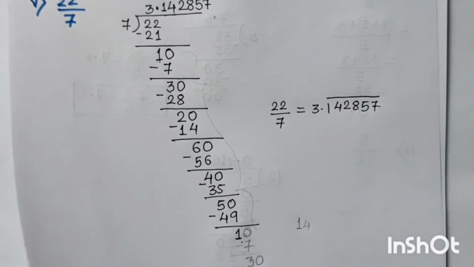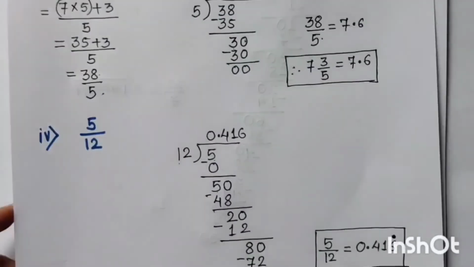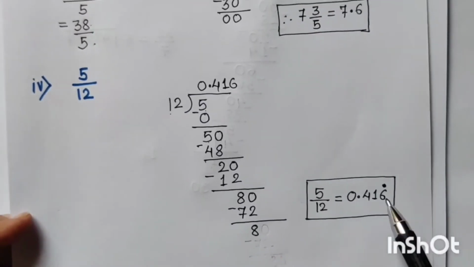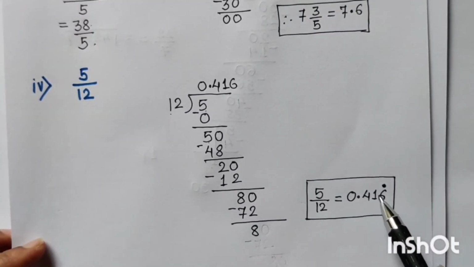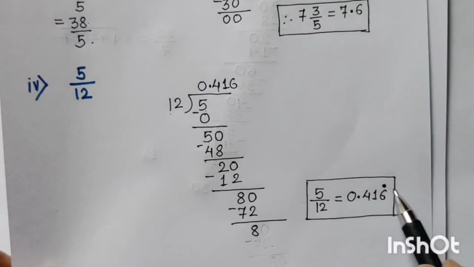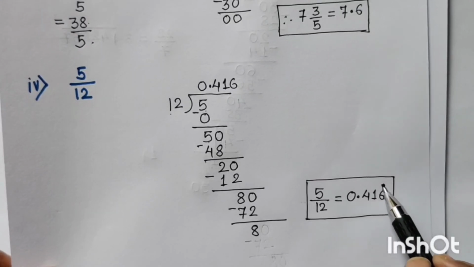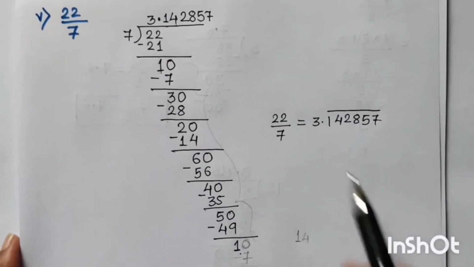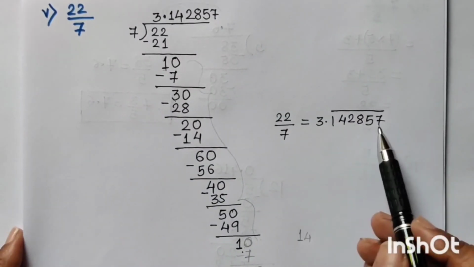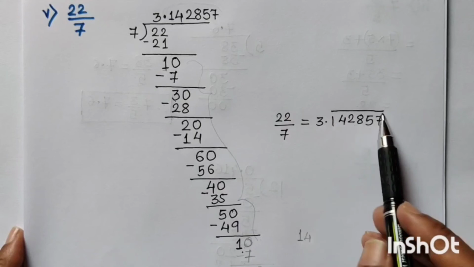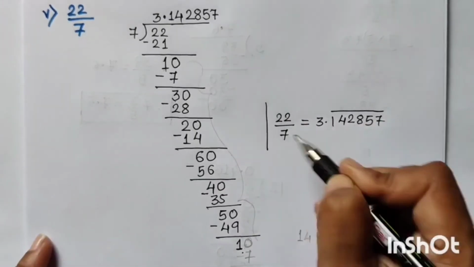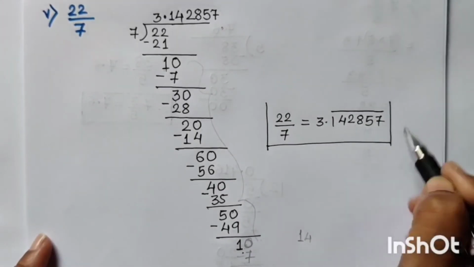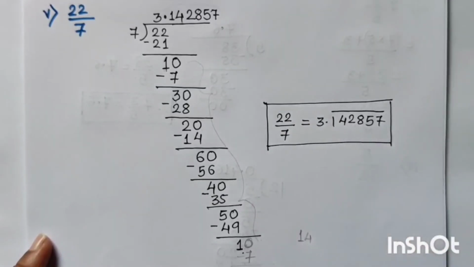And in the previous sum, because only this digit 6 was recurring, we put the dot on 6 only. But here in this sum, this whole group of numbers is recurring, and that's why we have to put a bar over this full group of numbers. So this is the answer for this sum.